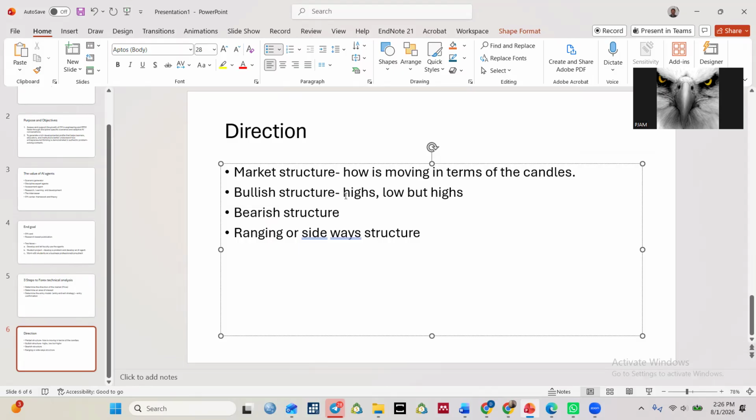As you see highs, you also see lows but still highs. In other words, we can say it as higher highs and higher lows.